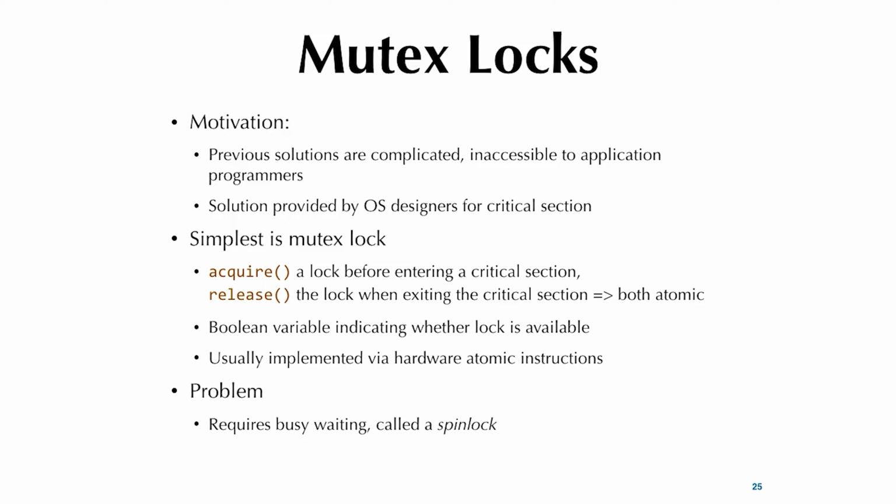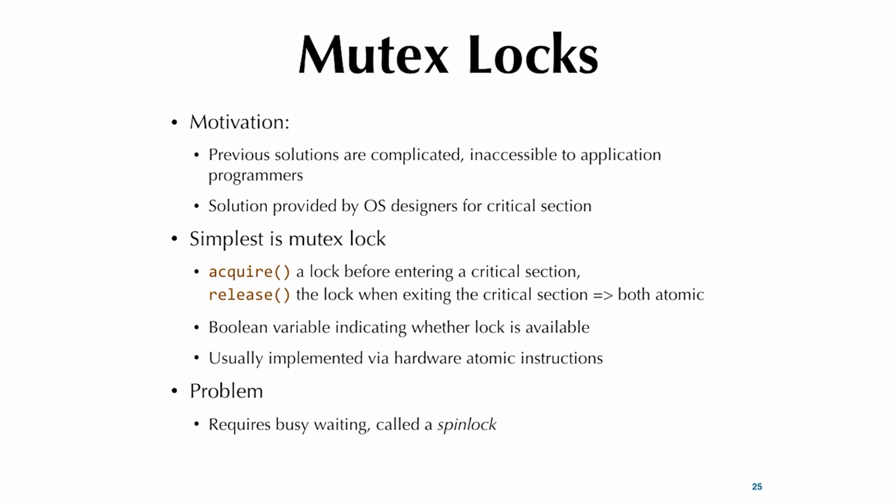Okay, let's go back to mutex locks. We've seen mechanisms for you to implement locks, but what you want is to raise this to the programming language level, providing some kind of API so that the programmer can call it instead of inline assembly everywhere.